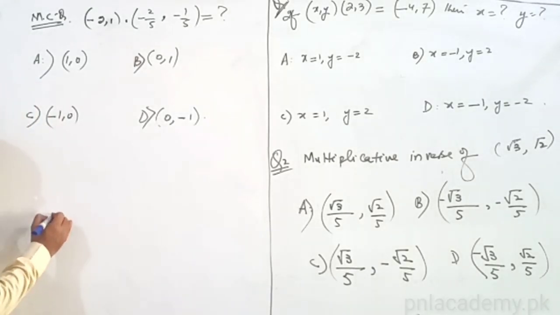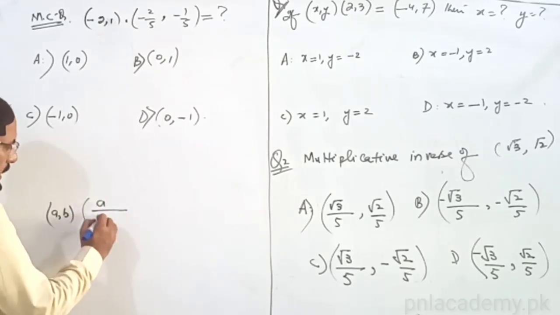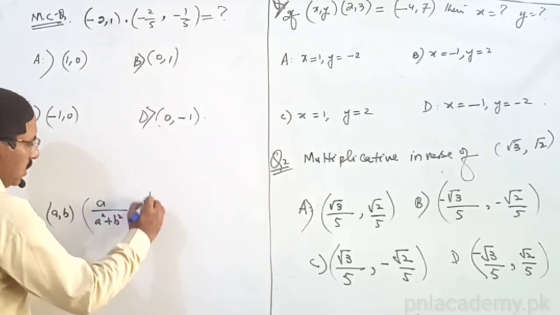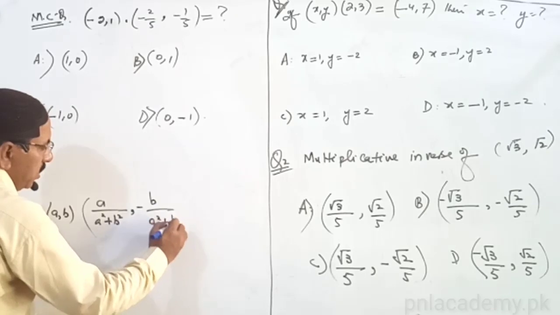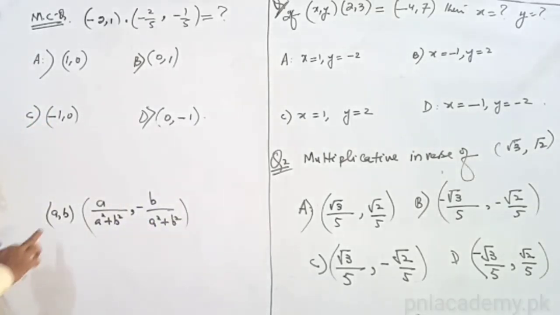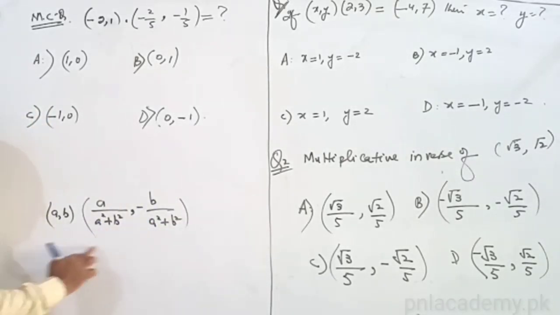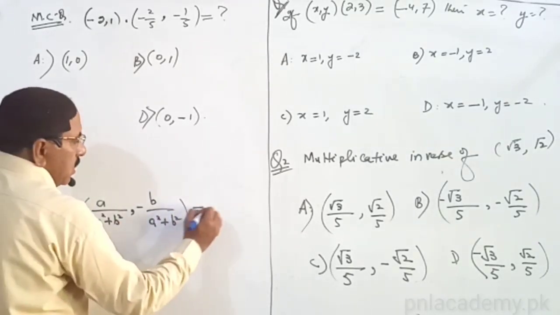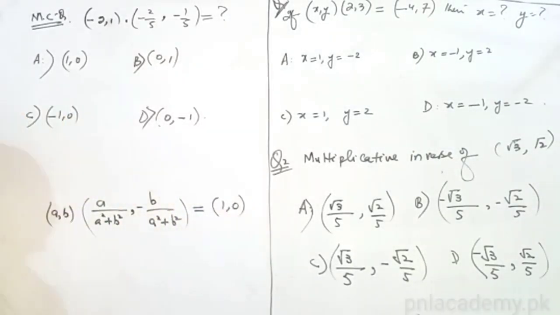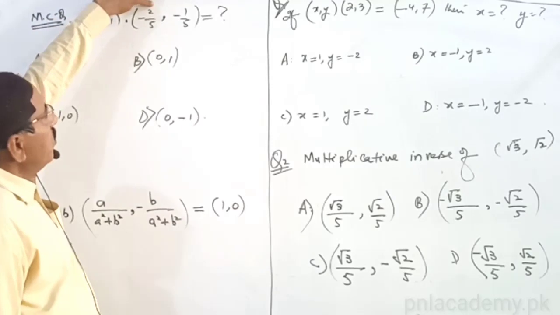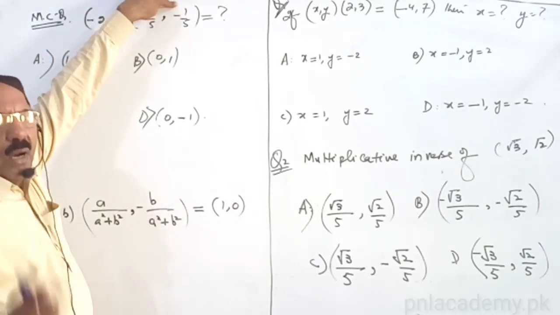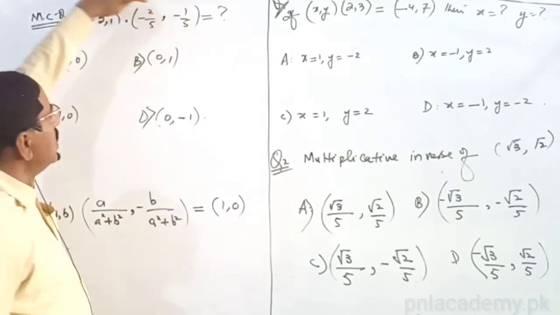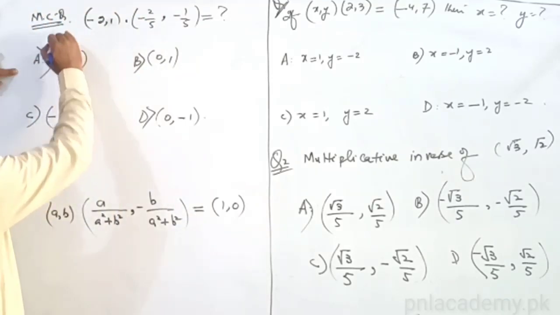You know that (a, b) and (a upon a square plus b square, minus b upon a square plus b square) are multiplicative inverses of each other. Their result is (1, 0) with respect to multiplication. So (minus 2, 1) and (minus 2 upon 5, minus 1 upon 5) are two multiplicative inverses of each other. Their result will be (1, 0).